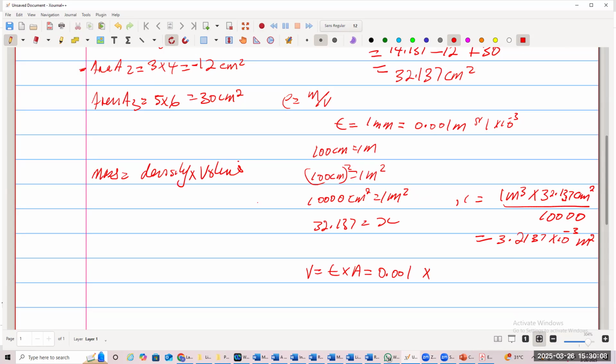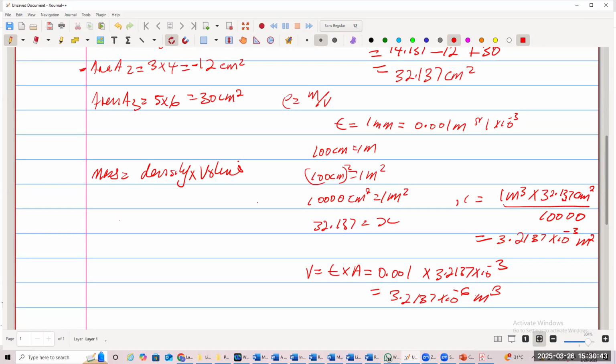We just converted the area, so it is 3.2137 times 10 to the minus 3. So we're getting 3.2137 times 10 to the minus 6, and that is meters cubed.